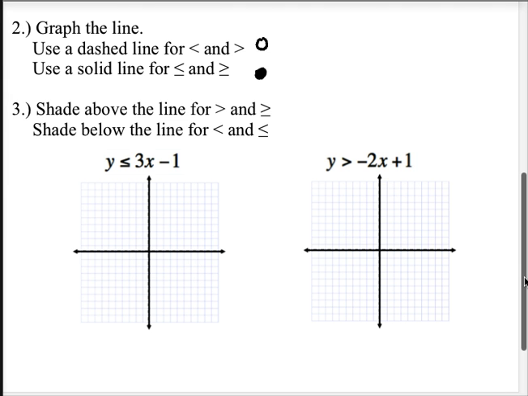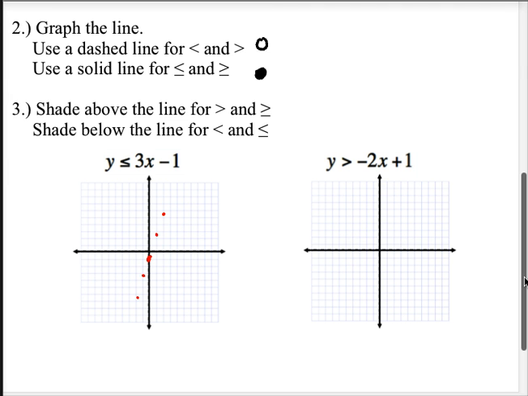It's already in y equals mx plus b form. So I start with my y-intercept, and then I have that slope of 3. So up 3 over 1, up 3 over 1. So there's the basis of my line.